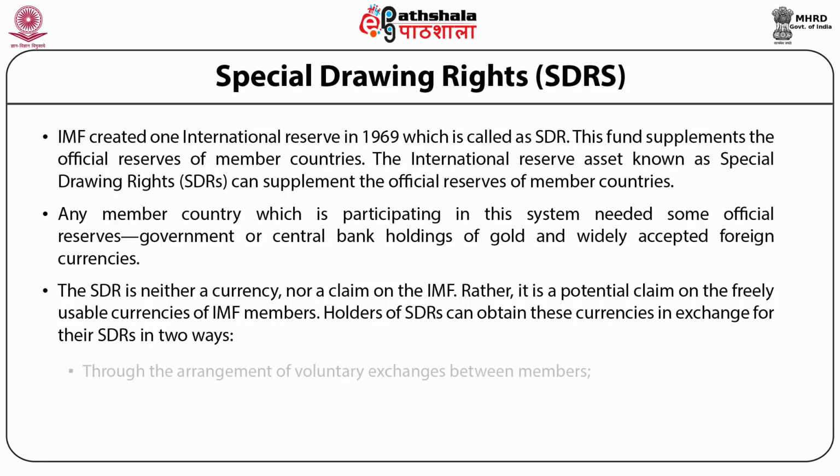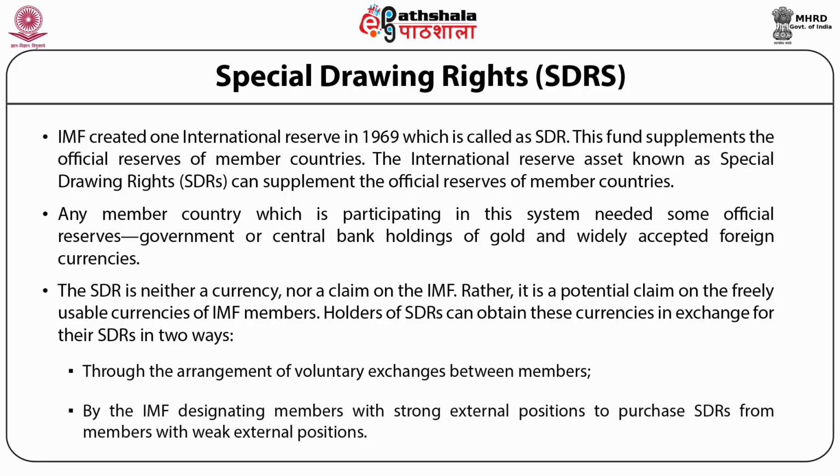First is through the arrangement of voluntary exchanges between members. And the second is by the IMF designating members with strong external positions to purchase SDRs from members with weak external positions. In addition to its role as a supplementary reserve asset, the SDR serves as the unit of account of IMF and some other international organizations.